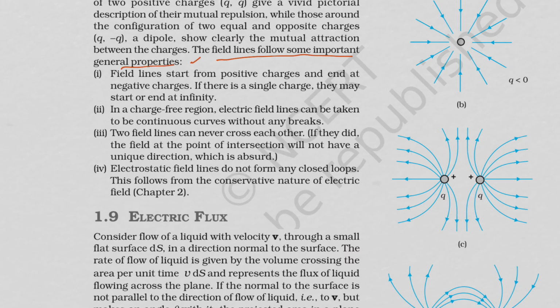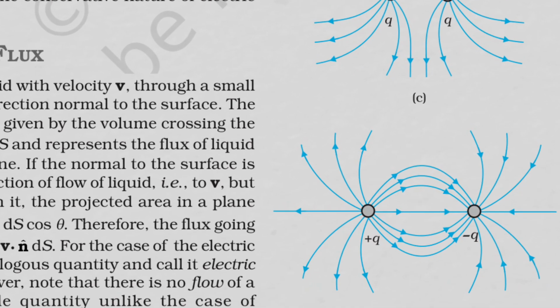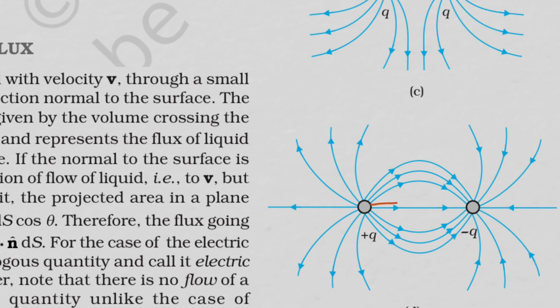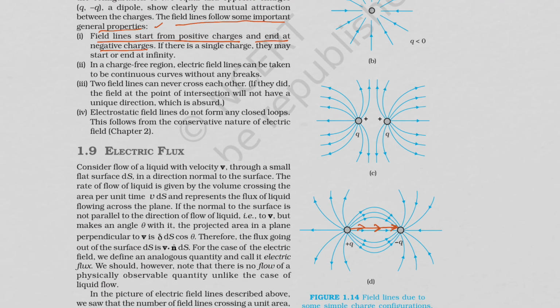The first property: field lines start from the positive charge and end at the negative charge. So if you see here, it starts from the positive charge and ends at the negative charge. This is the arrow sign.